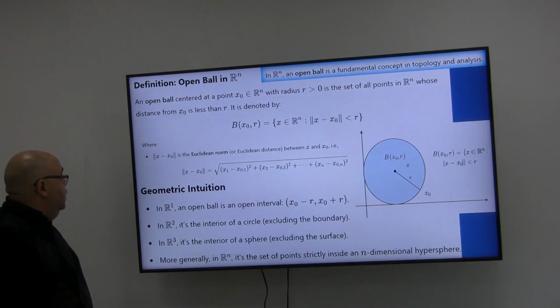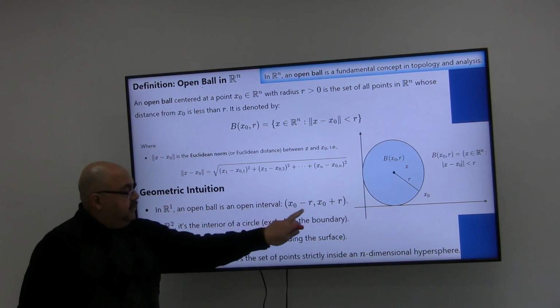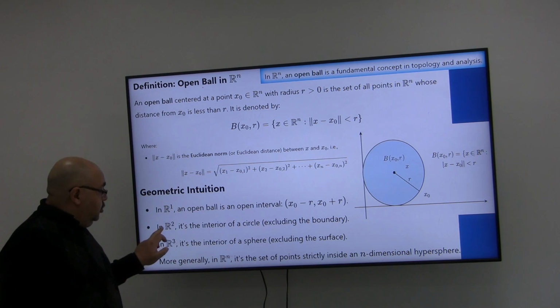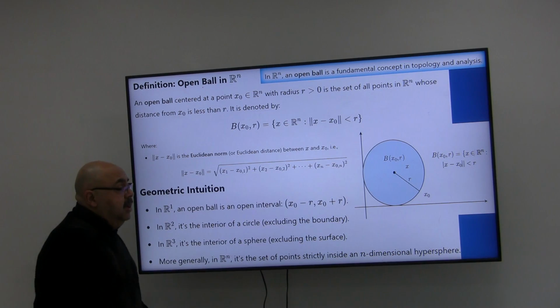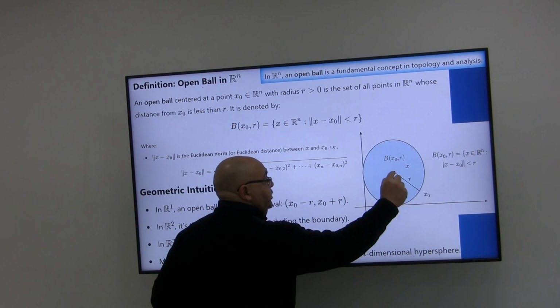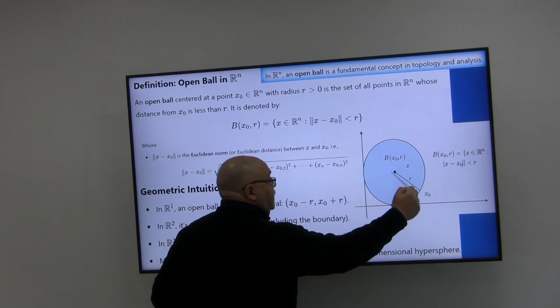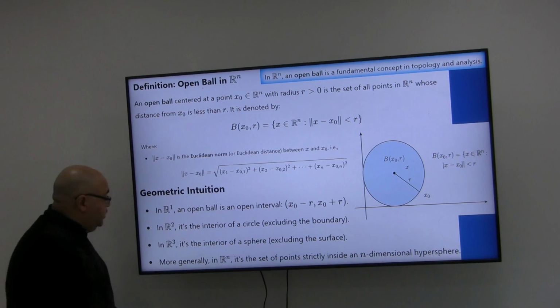Once more, the geometric intuition: in R1 an open ball is an open interval, as I told you. In R2 it is the interior of a circle excluding the boundary. Of course, the open ball is all the points in the neighborhood of point x within the radius which is greater than 0, but not including the boundary of this circle.